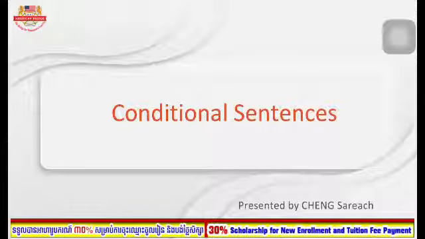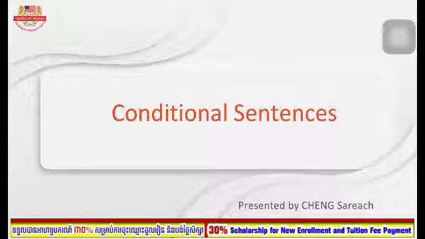Teacher believes most of the students still remember, but some still have many questions about conditional sentences. So today, teacher will sum up what we have learned again to make sure that you can use conditional sentences in a sentence.